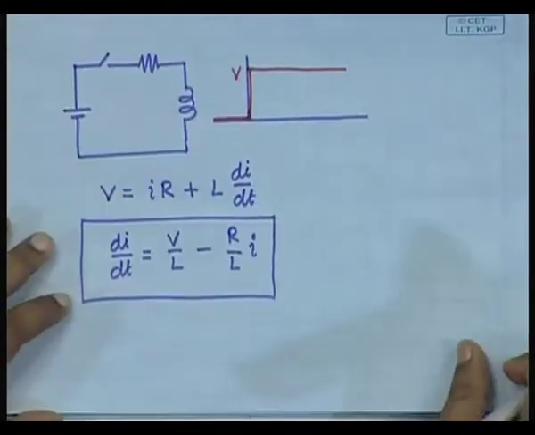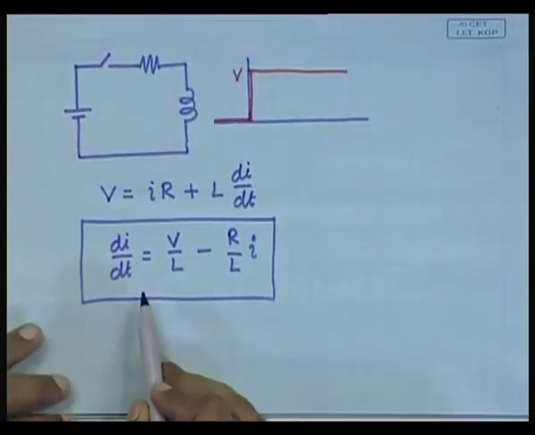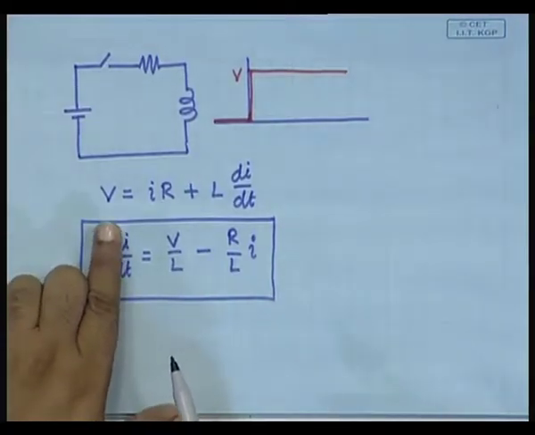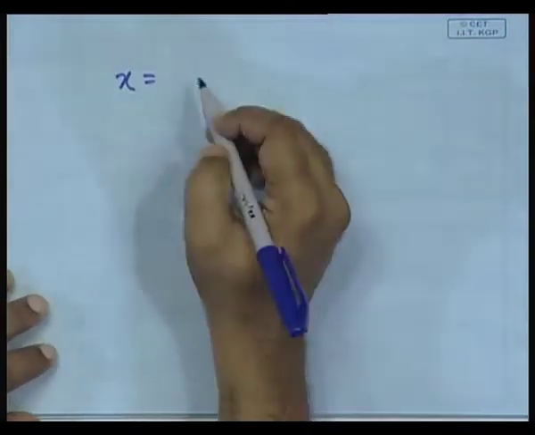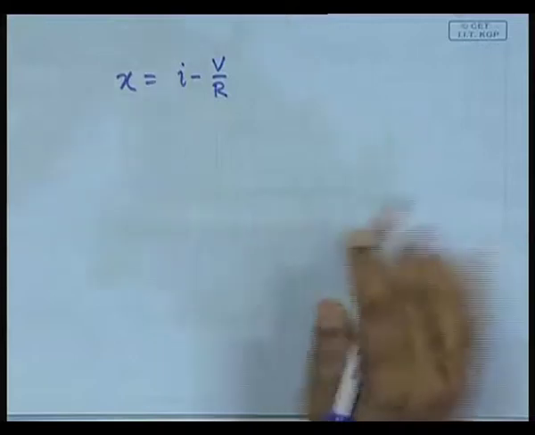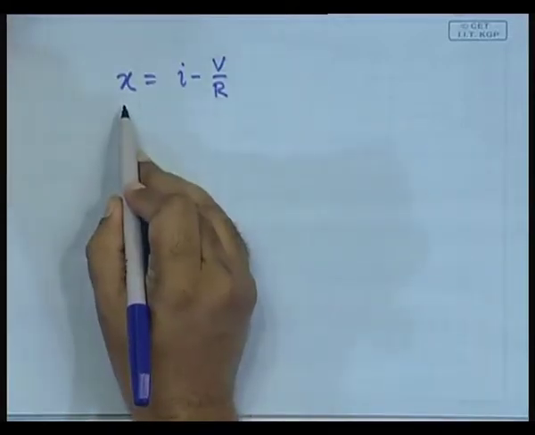Where is the equilibrium point now? V by R. So, we will make the coordinate transformation x as I minus V by R. So, for x, that is the equilibrium point.